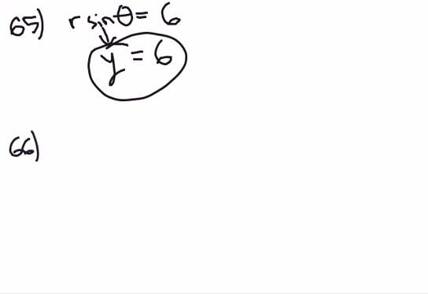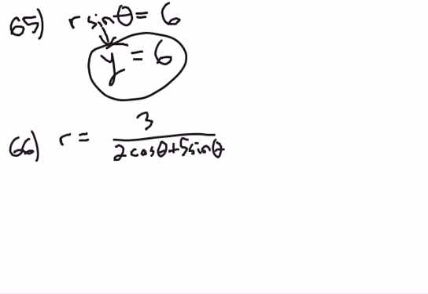66 says r equals 3 over 2 cosine theta plus 5 sine theta. So what I'm going to do for this one is multiply both sides by 2 cosine theta plus 5 sine theta.